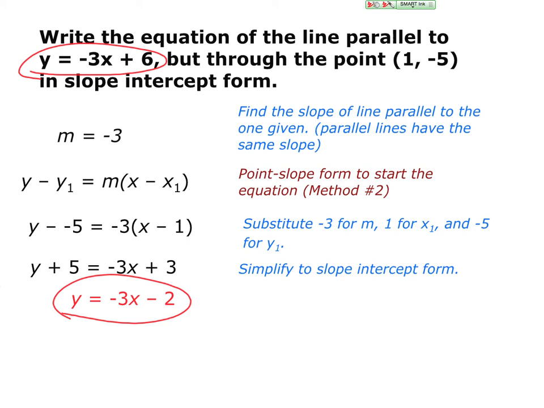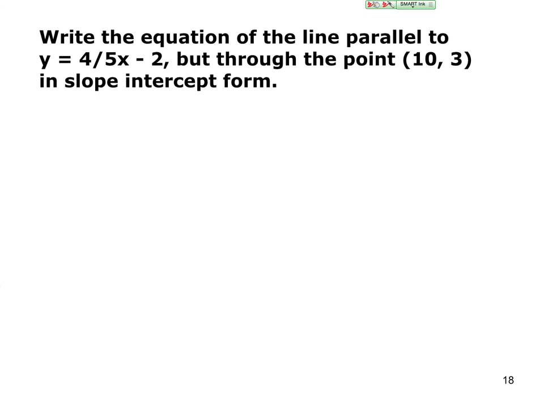Why are they parallel? Same slope, but different y-intercepts. That's how the equations of parallel lines will end up. Different intercepts, but the same slope. Okay, let's try one more of the parallel.